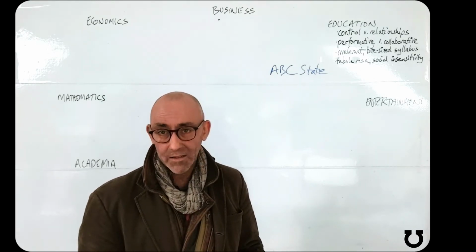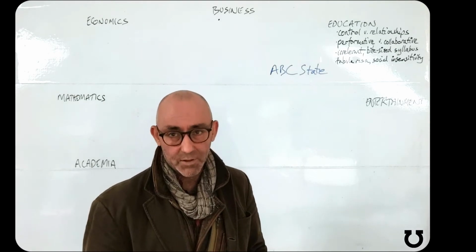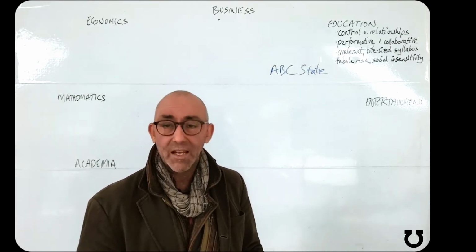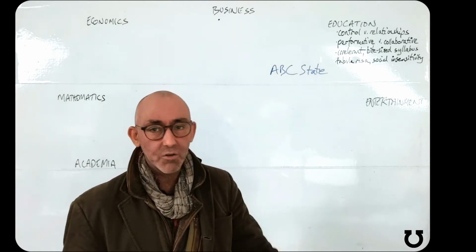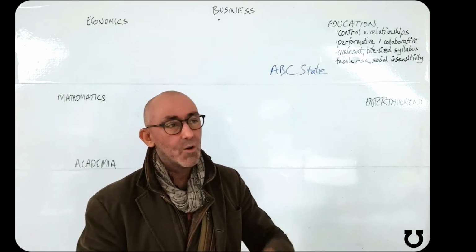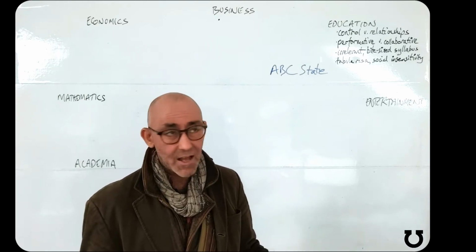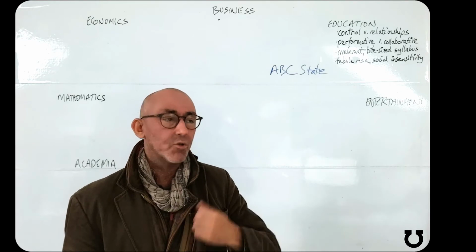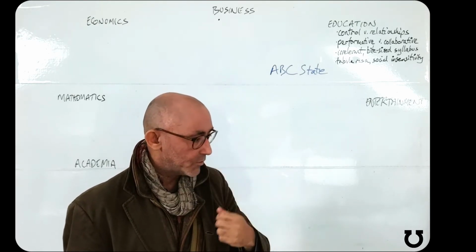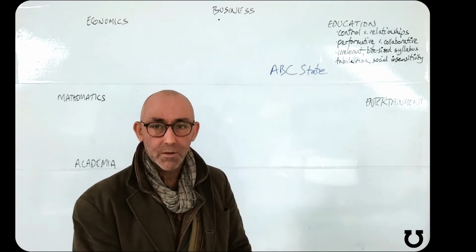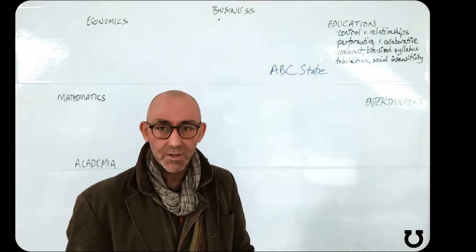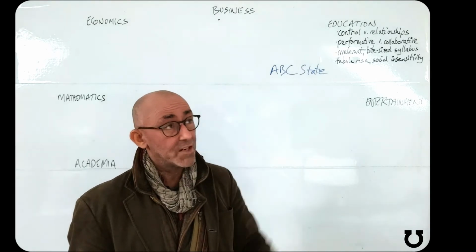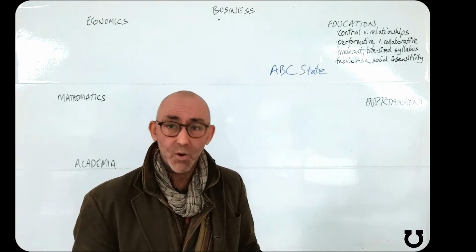A C state class is where somebody loses their self-discipline, somebody else points it out, and they continue. Now, when a student chooses to continue doing something which is detrimental for other people in the class, then the teacher is authorised by government to implement discipline, to implement sanctions upon the student, to remove that student from the class, to give them detentions, and even potentially to contribute to removing them from the whole school.